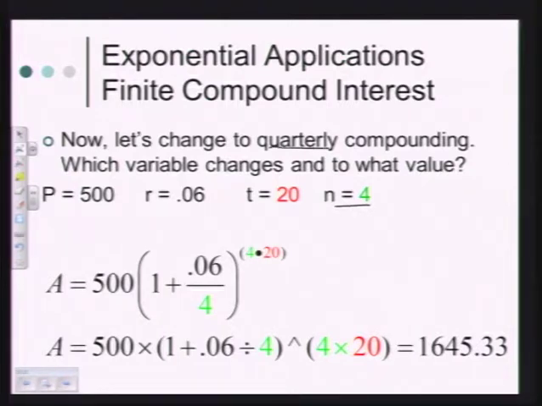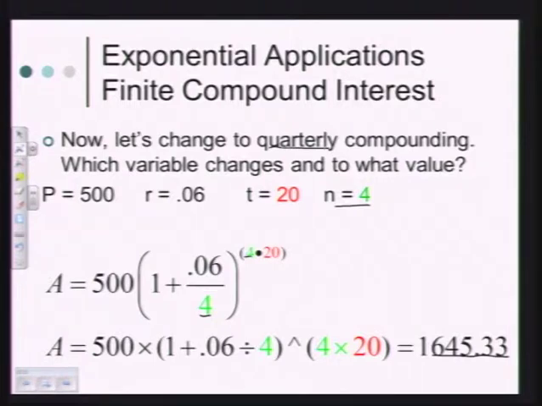Notice in our formula, now we have n is 4, and that changes in two different places in the formula because n is there twice. And he will have $1,645.33 if he maintains his money for 20 years at quarterly compounding.